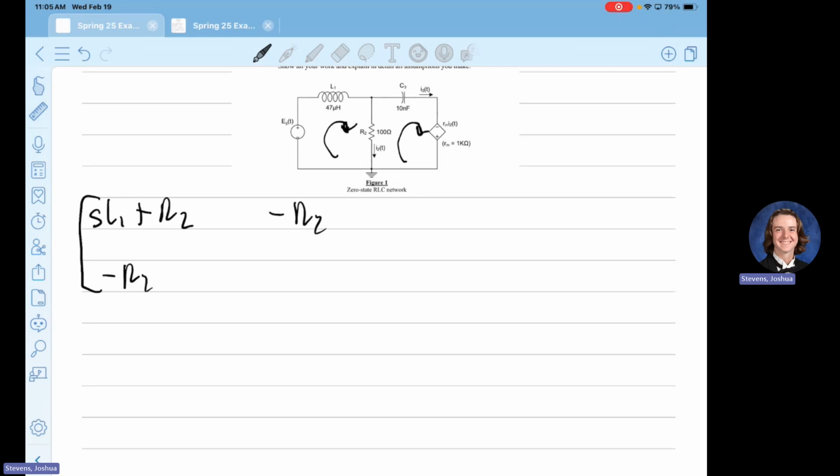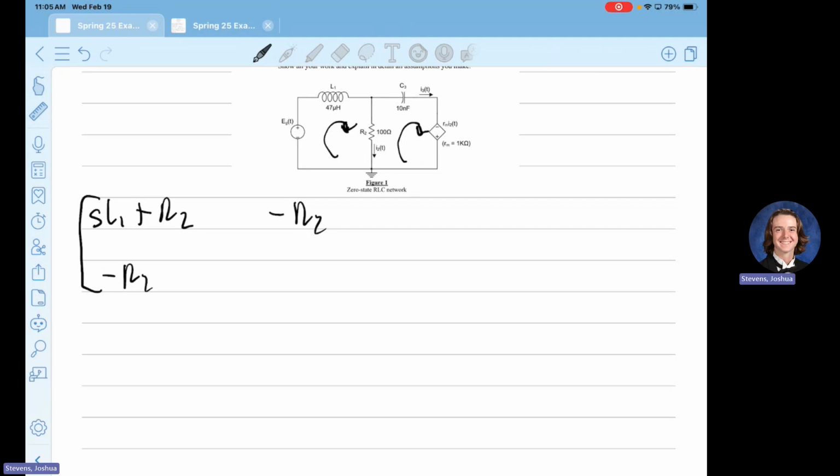Is it just a chart that we have on material? Yeah, that's just the impedance of an inductor, so it'll always be that. Correct, the impedance, but the admittance is what in terms of impedance? Gotcha. Exactly. So if the impedance of an inductor is sL, what is the admittance?